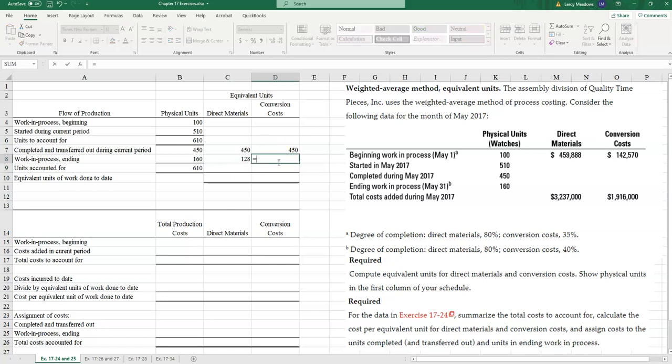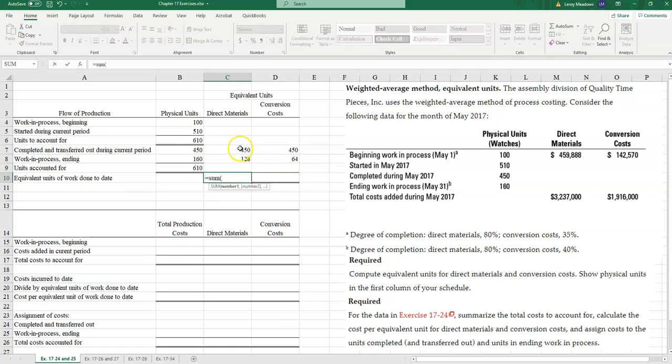Then I'm going to do the same thing for conversion costs. I'm going to take my work in process ending inventory and multiply that by the degree of completion for conversion costs, and we're told 40%. So 160 times 0.40, and I have 64 equivalent units. So what's my equivalent units of work done to date?